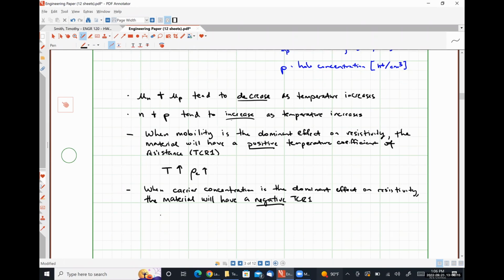So in this case, as temperature increases, electrical resistance decreases. Okay.